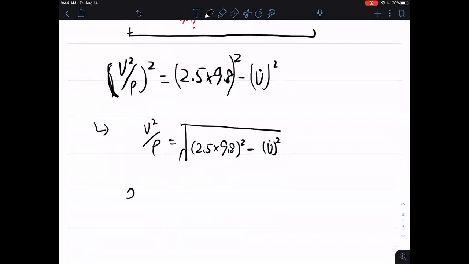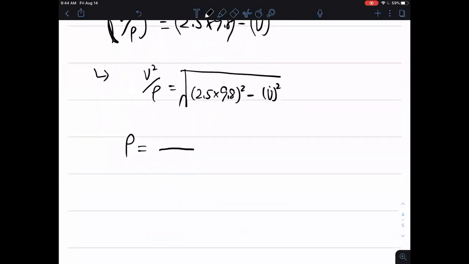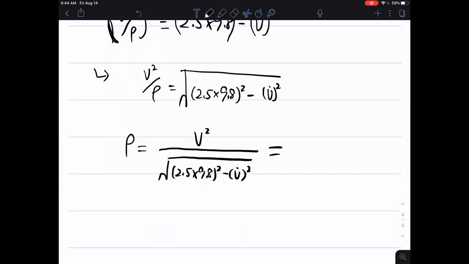Okay, then I can find rho. Let's put rho on one side of the equation. V square over the square root of 2.5 times 9.8 square minus v dot square. Okay, if my math is correct, this will give us the value of rho, which is about 1157 meters, if my calculation is right. But this is how you find the radius of curvature for this problem.